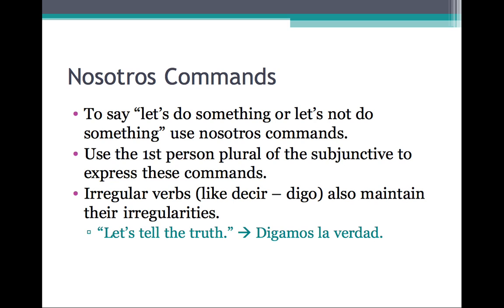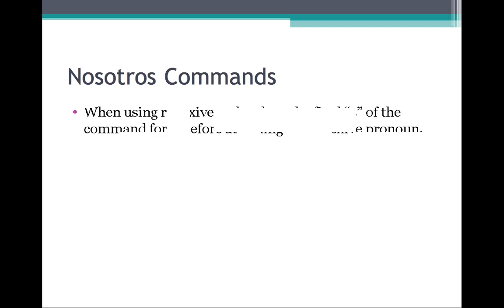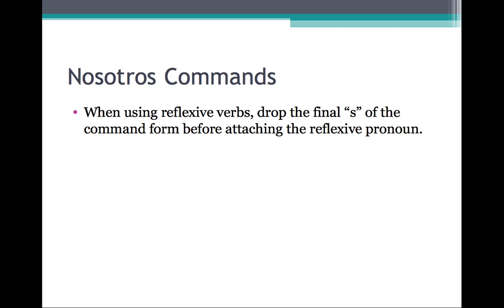Okay, basically, nosotros commands with the subjunctive in the third person. All right. Here's where things get a little bit trickier. If you have a reflexive verb, you're going to drop the final S of the verb, okay, that command form, before you attach the reflexive pronoun.